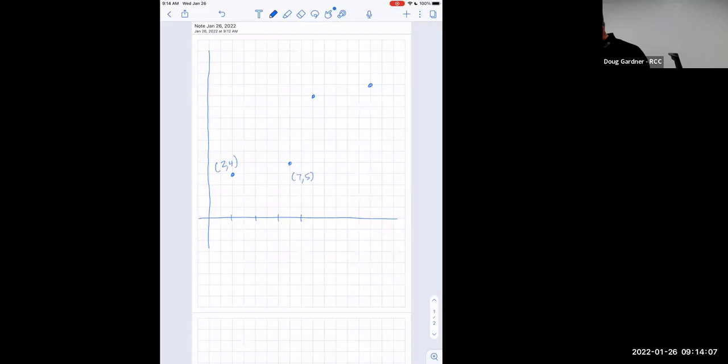This is the point 9, 11. And this is the point 14, 12.